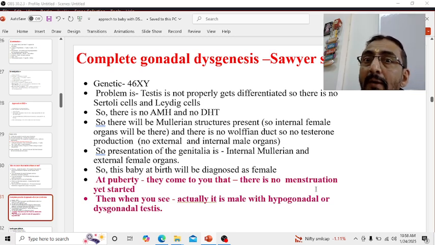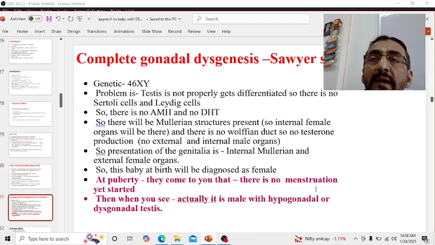Although he is a male, there will be internal genital structures of the female child, and there is no formation of the Wolffian duct, so there is no testosterone production. So there are no external and internal male organs.